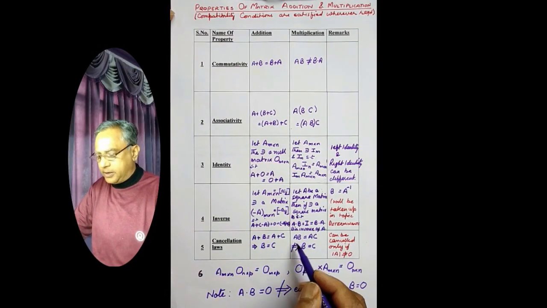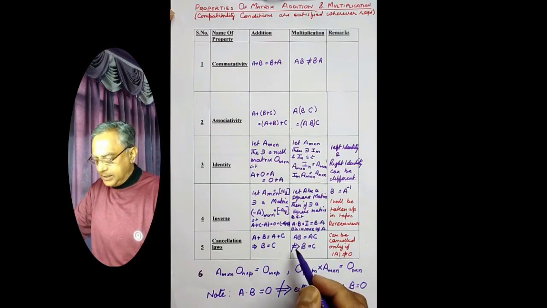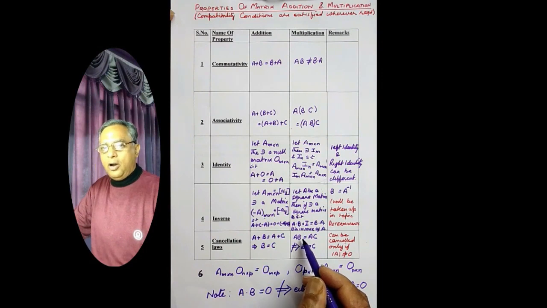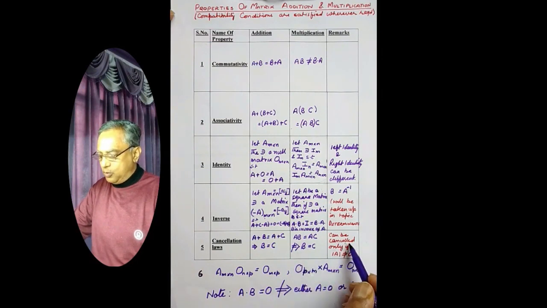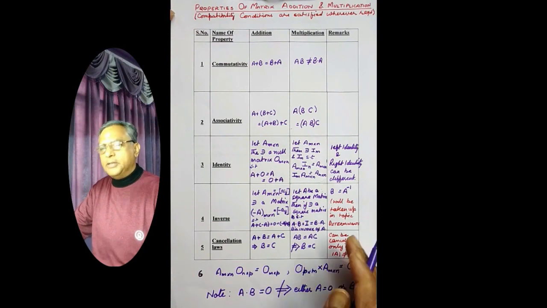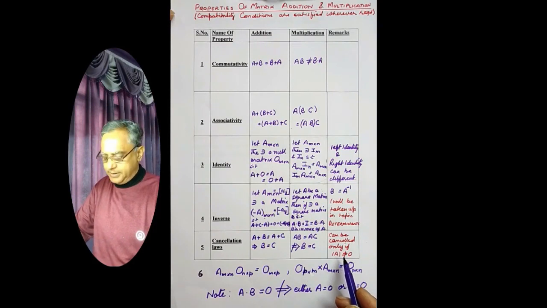In general, you cannot cancel A on both sides and get the result B equal to C. So cancellation laws do not hold in general for matrix multiplication. A can be cancelled only if the determinant of A is not equal to 0. This we will discuss in the next chapter, the chapter on determinants.